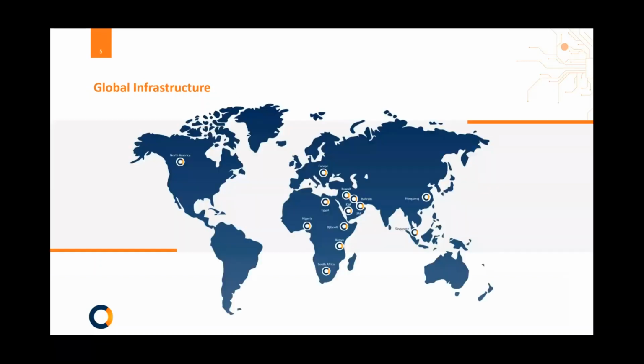Okay, you can see here that we have multiple points of presence. We have a local POP in Kuwait, Bahrain, UAE, Saudi, Djibouti, Egypt, and then in London, North America, South Africa, Kenya, and Nigeria, right? What does it mean? This is pure software-defined services.